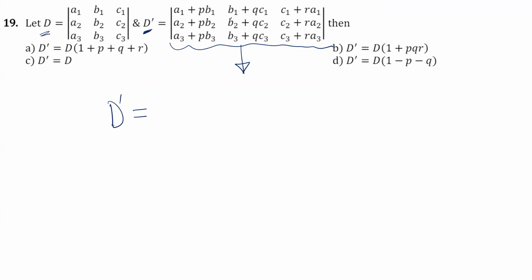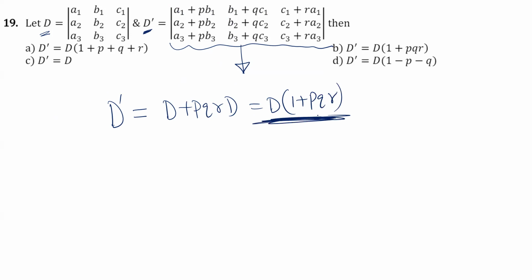So you can split this directly. So this you will find as D plus PQR into D. Okay, you keep expanding and you will find that so many terms will become 0. So this will come out to be D times 1 plus PQR. Okay, D dash equals to 1 plus PQR. D option.